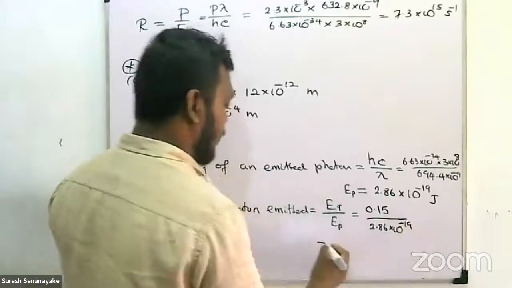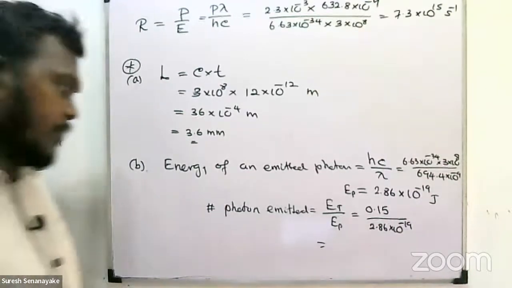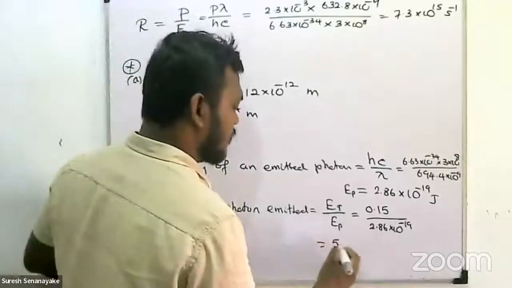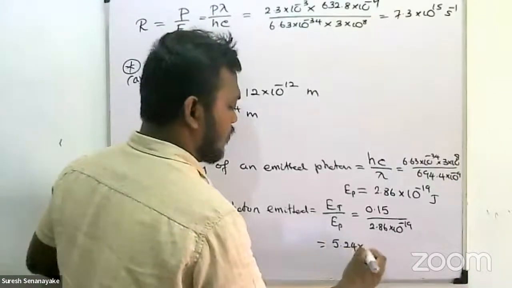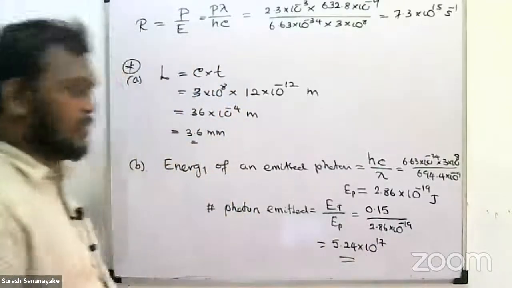This is the number of photons in this beam. This is then 5.24 × 10^17 photons.